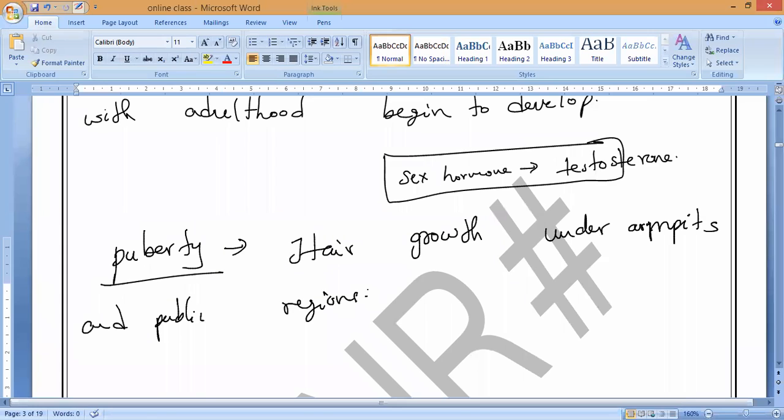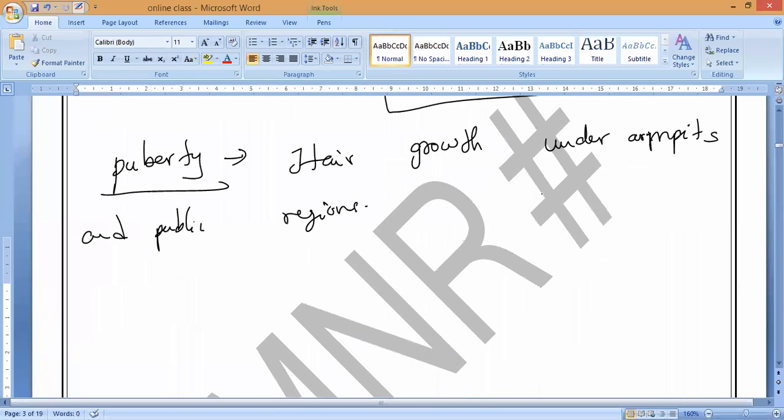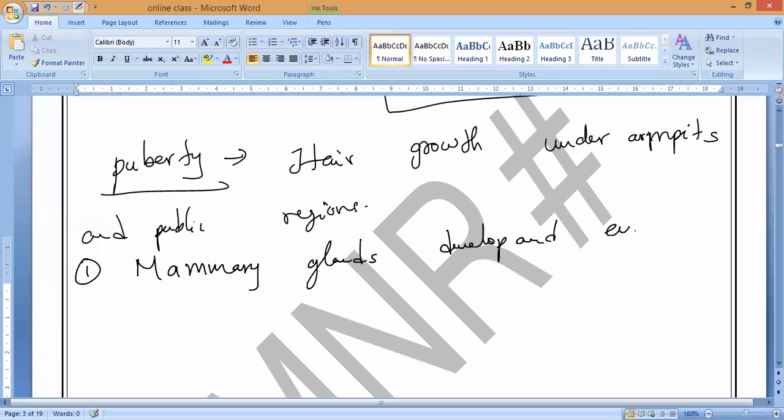Next, mammary glands will develop and they will start to enlarge. That is the second point.